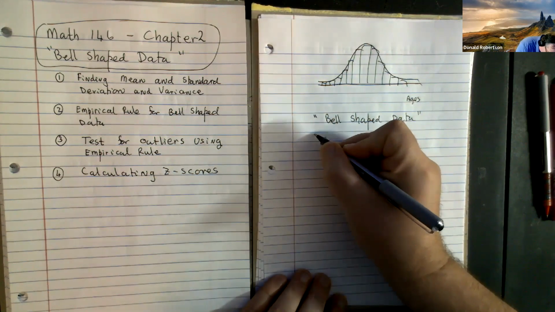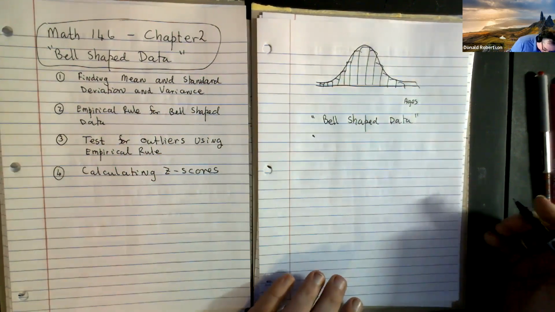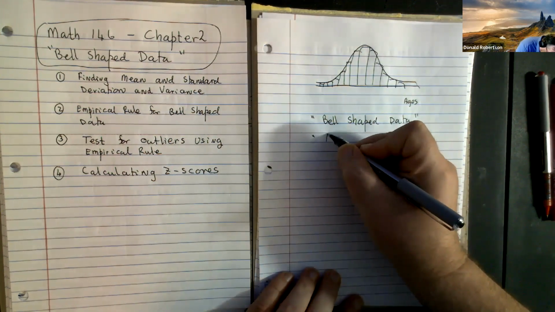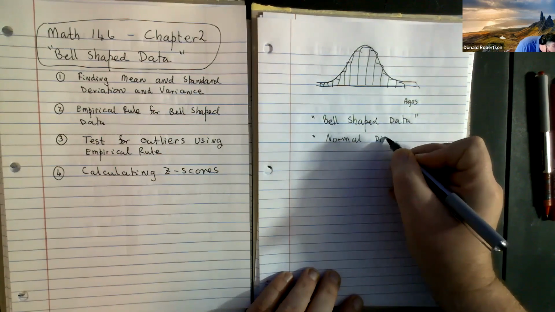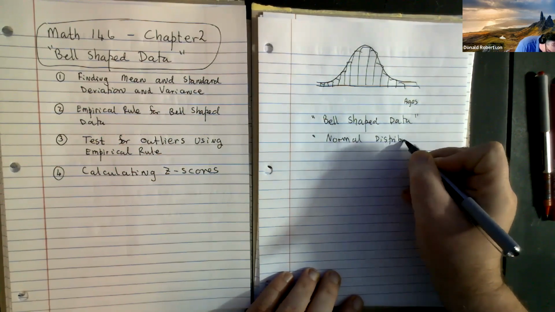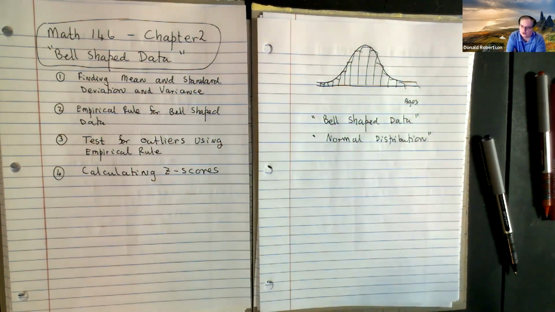And that's the one that they're using today, and that's fine. But I want to give you some other names, because if you look up a video or you see something else, they may use this term instead. It's called a normal distribution. So if you see, oh, the data has a normal distribution, well, you just say, oh, it's bell-shaped data, right?